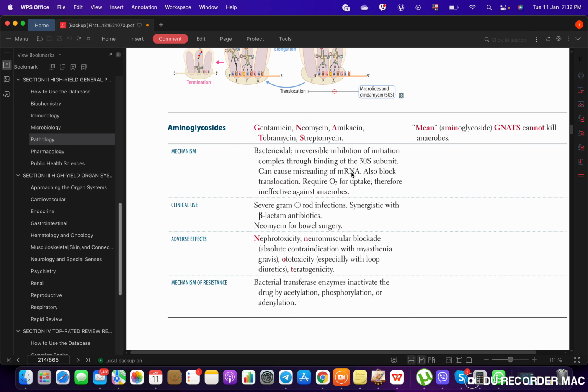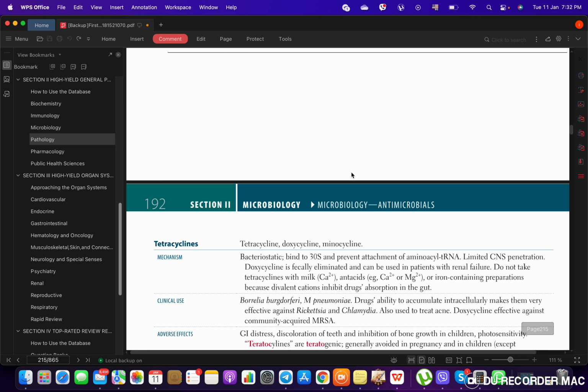So if this process is inhibited and it's not happening, can we do translation anymore? Absolutely not. We cannot do translation. That's the problem. So if we cannot do the translation, we will not have proteins. If the bacteria does not have proteins, it will die. Okay? So it binds to the 30S subunit and it prevents the attachment of the aminoacyl tRNA.